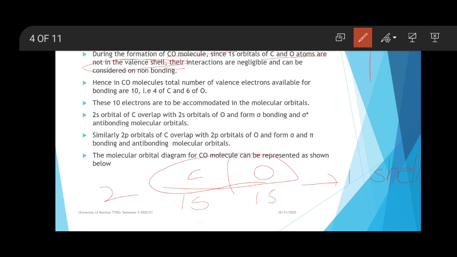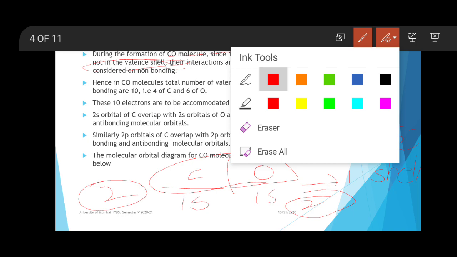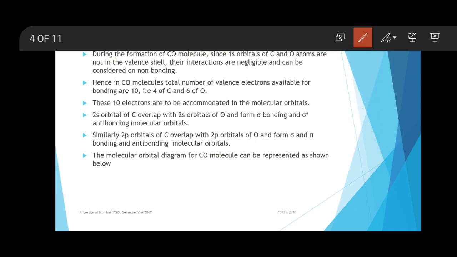But here for the CO molecule, the total number of valence electrons available for bonding is 10, because 2 of carbon and 2 of oxygen out of the 14 electrons of CO will be removed. So 14 minus 4, how many remaining? 10 electrons. So how many electrons are available for bonding? Only 10 electrons.